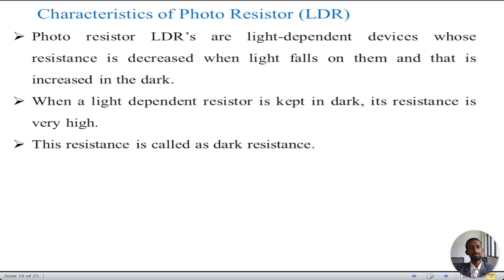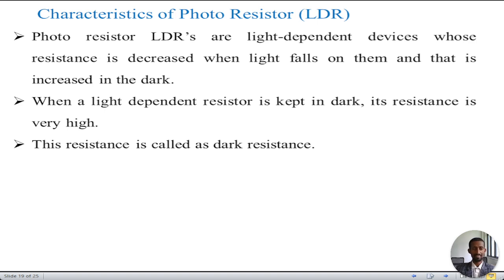What are the characteristics of these photoresistors? Photoresistors, or light-dependent resistors, are light-dependent devices whose resistance decreases when light falls on them, and increases in the dark.